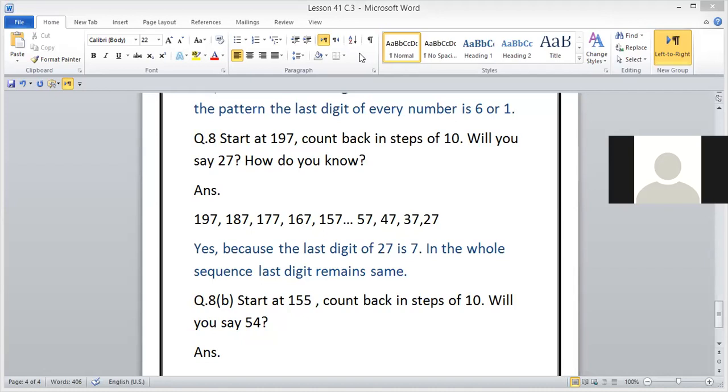Ali Nizar also showed me the pattern, and the pattern is absolutely right. But Ali Nizar, you did not tell me whether we will say yes or no. If yes, so why? If no, so why?